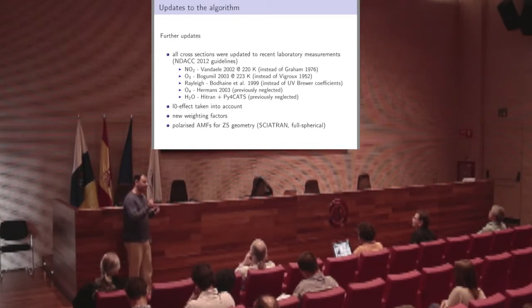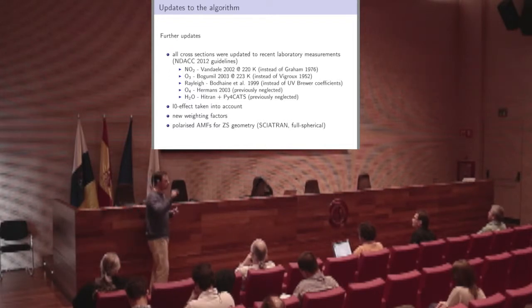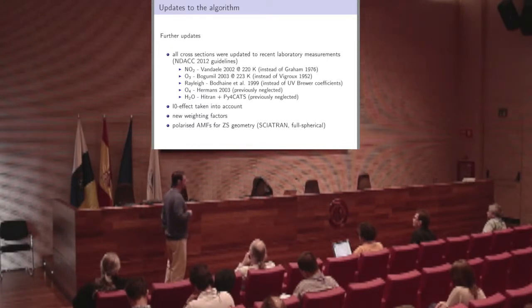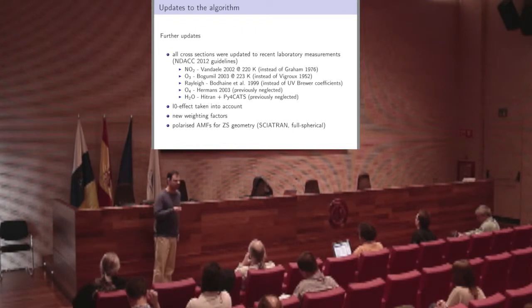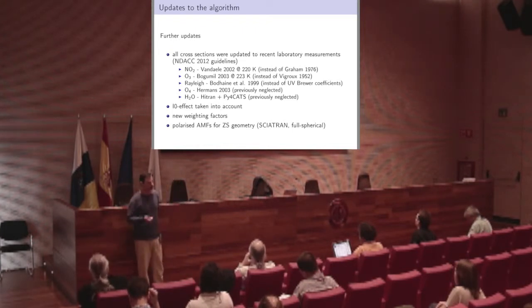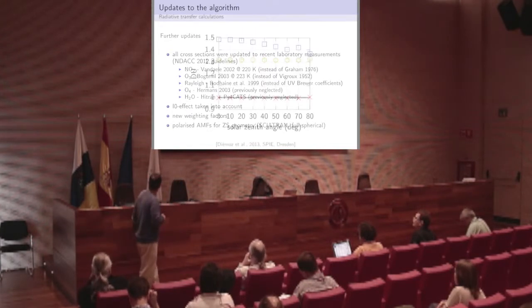I added a bit of nitrogen dioxide when convoluting the cross-sections in order to take into account the Fraunhofer structure of the solar spectrum. A new set of weighting factors was calculated, and then I calculated the polarized air mass factor for the zenith sky geometries using libRadtran, which is a full spherical and vector model.